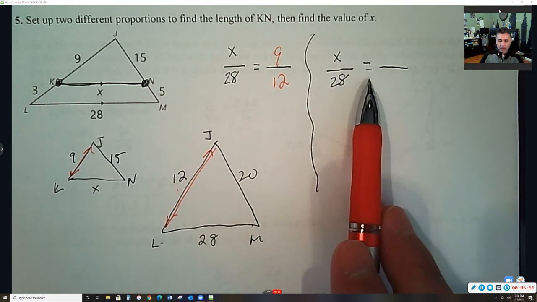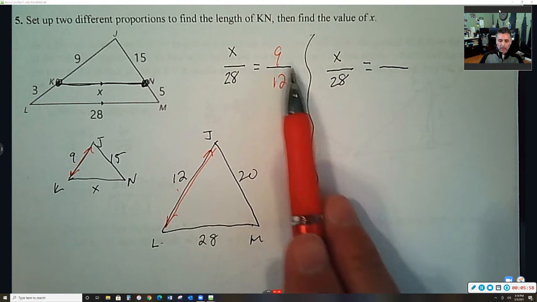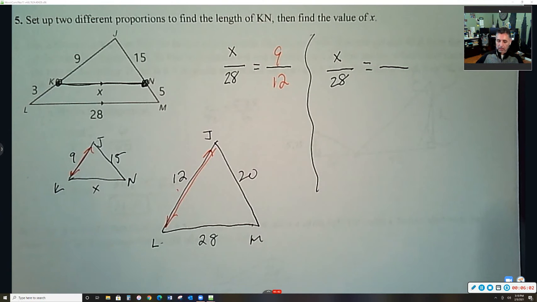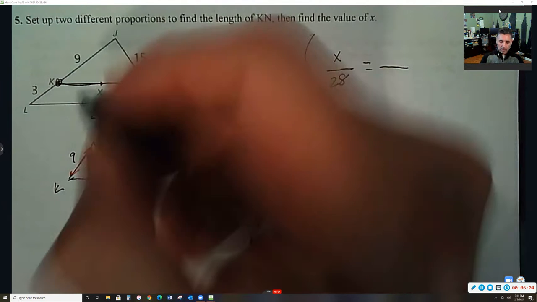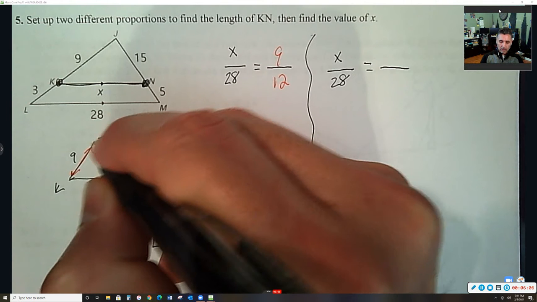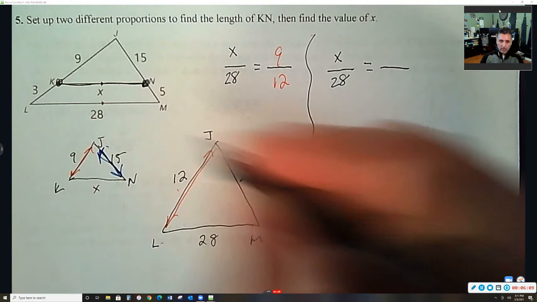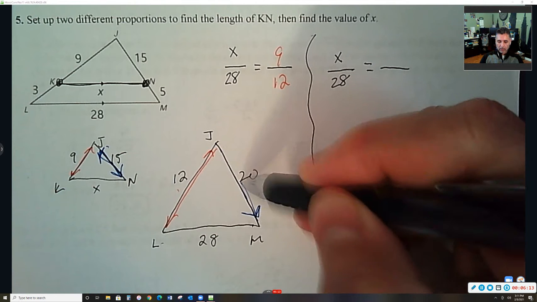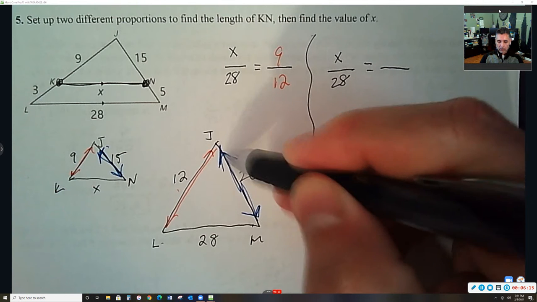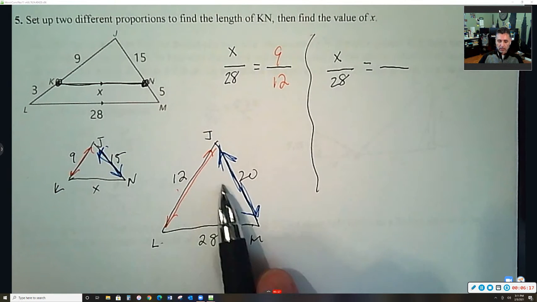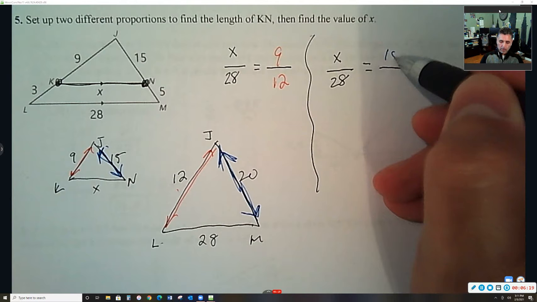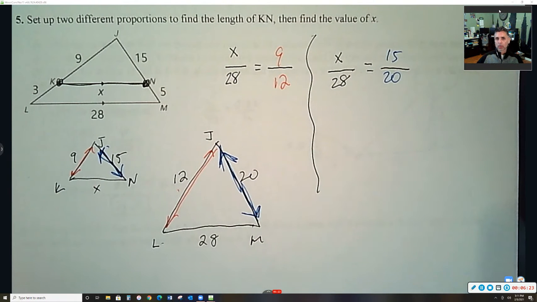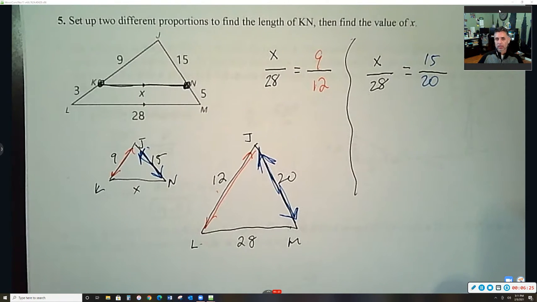Another proportion you could use: let's say we don't use the 9, let's say we use the 15, this side. The 15 matches up with the 20. So then it would be 15 over 20. Those are two proportions to solve the same value.